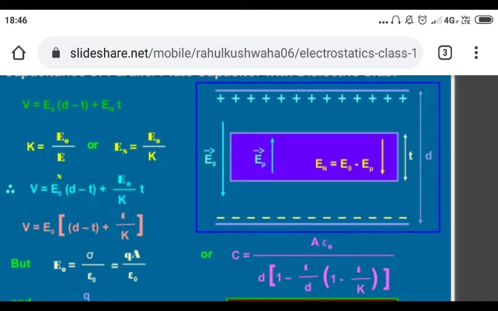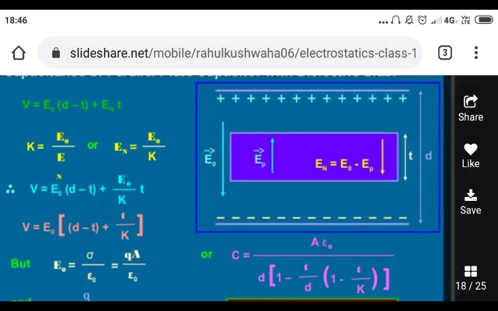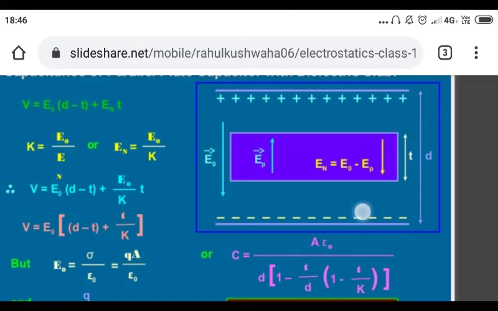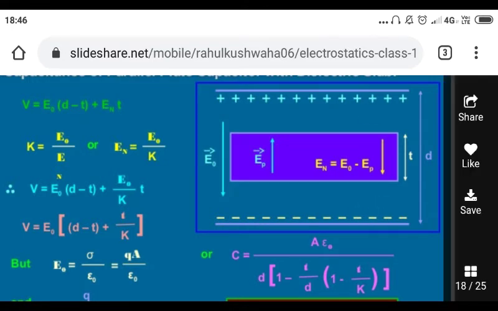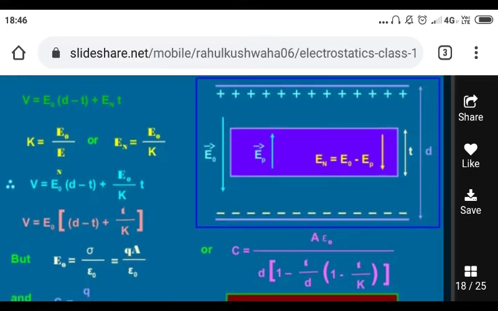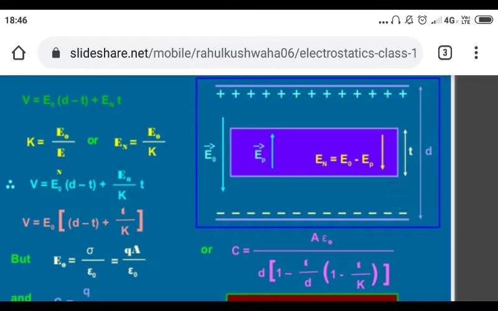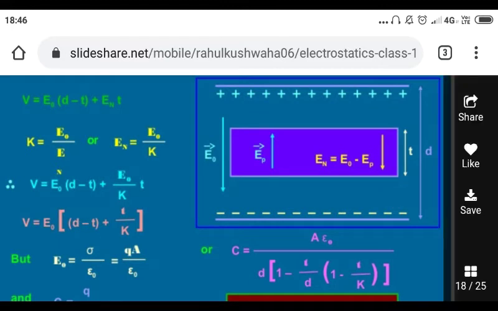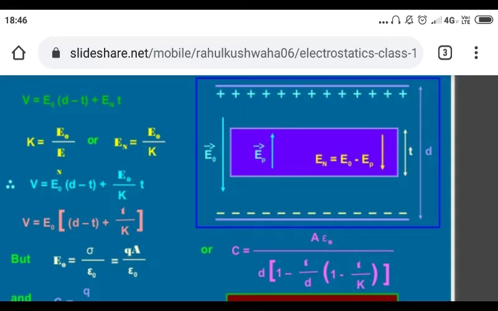The thickness of the slab is t, and the thickness of the air column is d minus t, as d is the total distance between the plates. So there are two mediums together. Taking the columns together, the thickness of the air is d minus t.